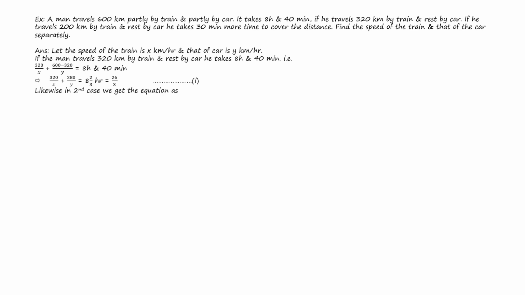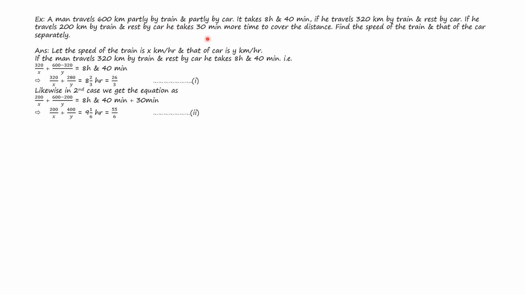Now likewise, in the second case, we get the equation as 200/x + (600 - 200)/y = 8 hours + 40 minutes + 30 minutes. That means 200/x + 400/y = 55/6. Because in the second case, the man travels 200 km by train and the rest, that is 400 km, by car.